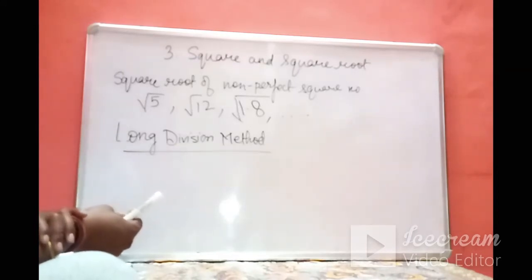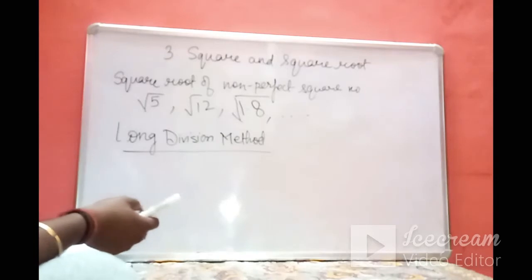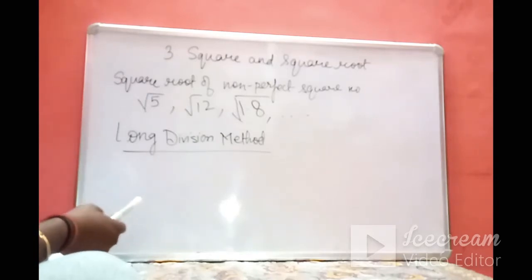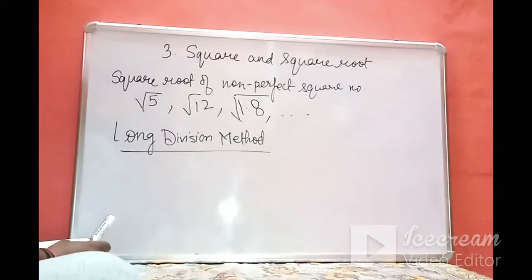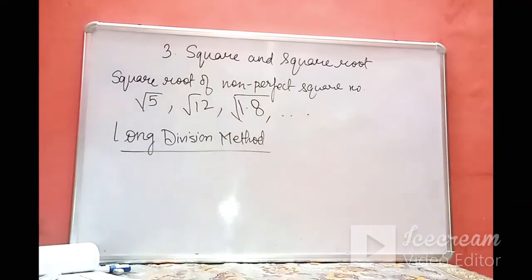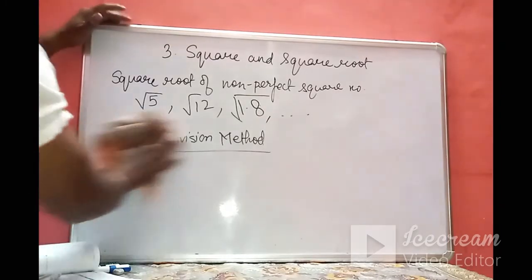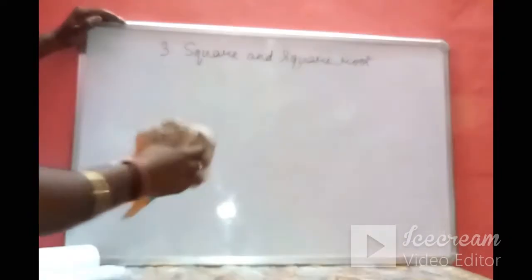Only this method we can use to calculate the square root of non-perfect square numbers. Now how do we use this method, that we are going to discuss from the questions of exercise 3.5 one by one. So let's start our discussion. Remember this, only long division method is applicable.